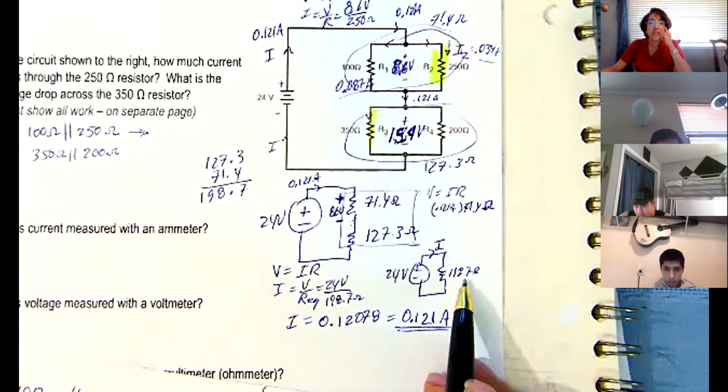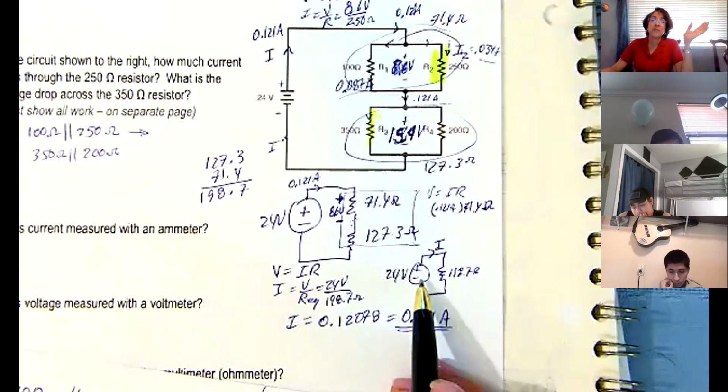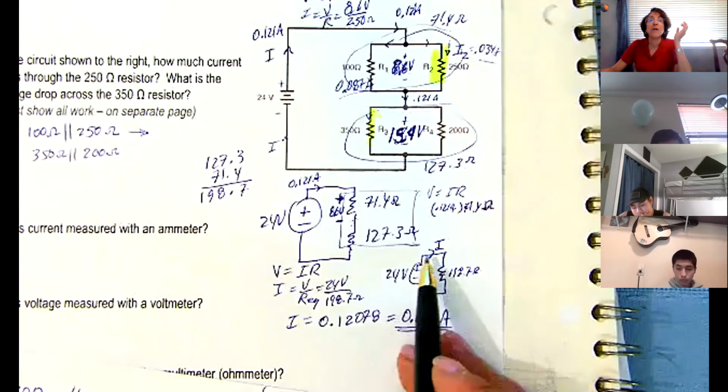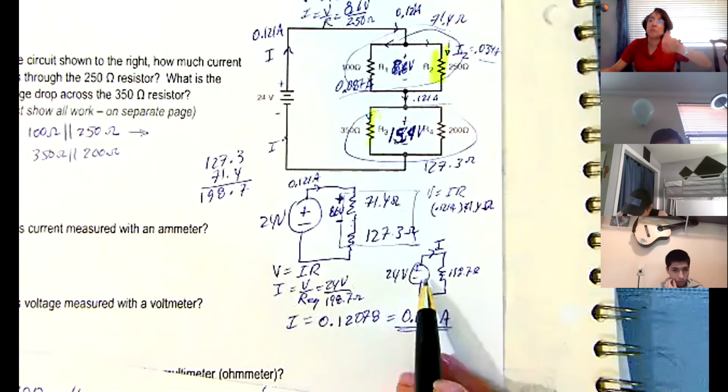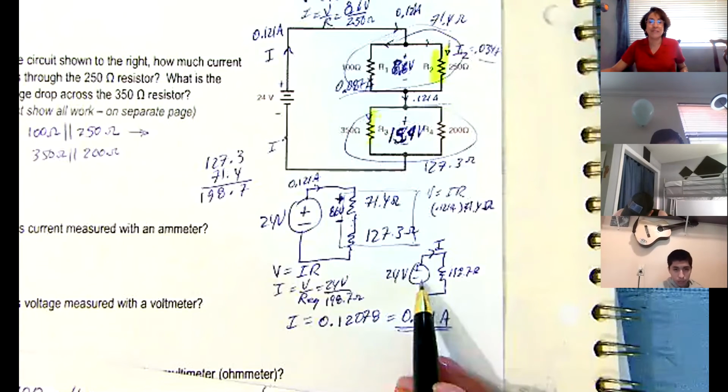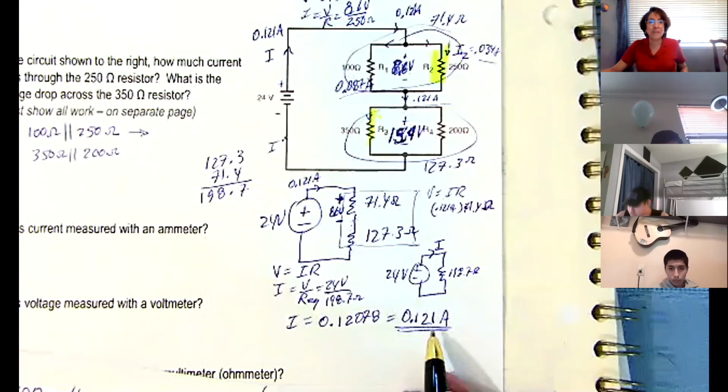Okay. After you got the equivalent resistance, which is hooked up to your battery, now you can determine how much is the total current being supplied by the battery. Okay.